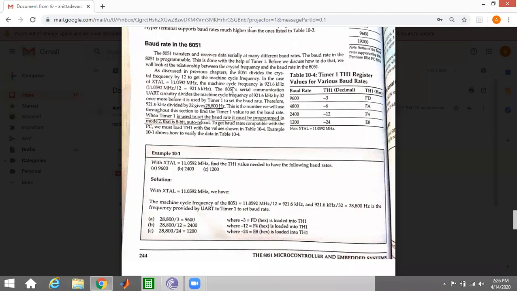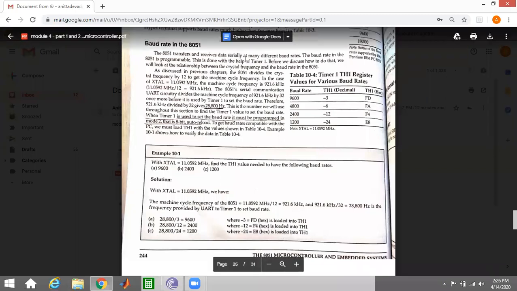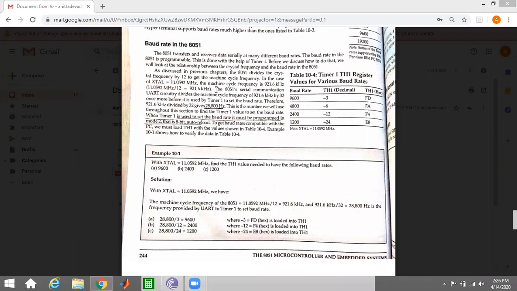So here we are going to see serial communication. The title of this part is serial communication, right? For serial communication, the time period, everything will be different. See here, the 8051's serial communication UART circuitry divides the machine cycle frequency of 921.6 kilohertz by 32.